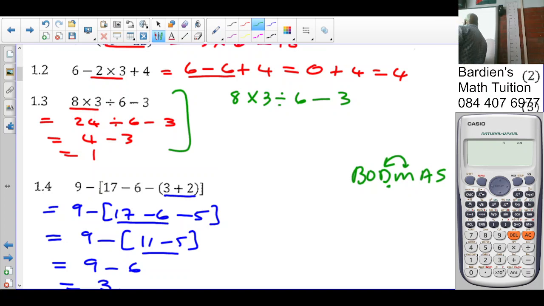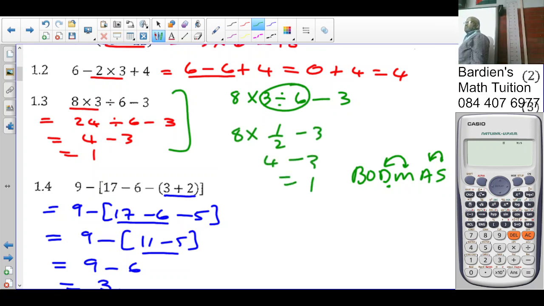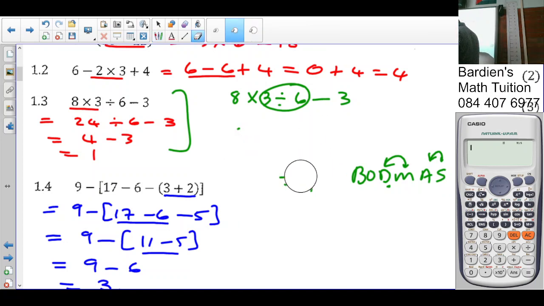But I said that division and multiplication can interchange, as well as subtraction and addition. We do whatever comes first from the left. If you had done this, you should have said it's 8 times 3 divided by 6 is 4, minus 3, which is 1. They would have been correct. Okay, but what did you write? 6 divided by 3 is 2.